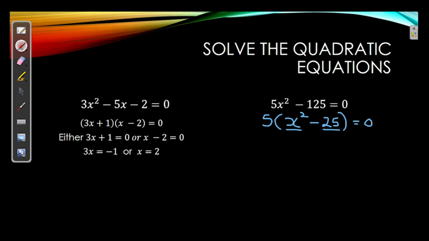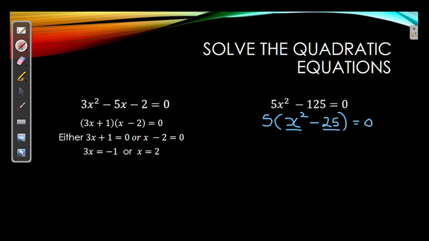Now, if you want to solve again, you can factorize this using the same process that we have been using for the entire time. And I'm going to demonstrate how we do that with a difference of two squares so you will understand how to work with it. Now, this one might seem a bit tricky to people if you have to do the procedure because you don't have a middle term.